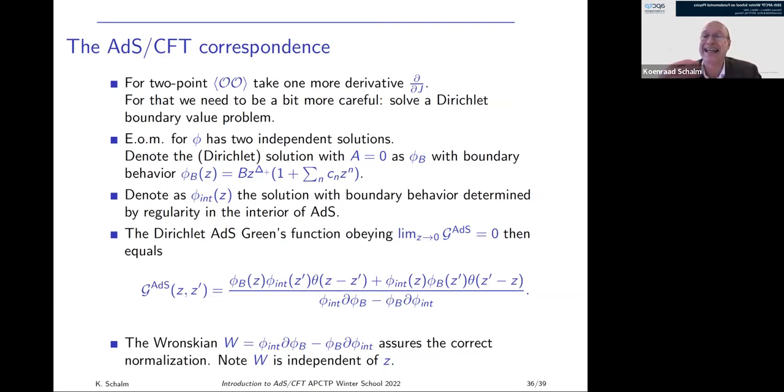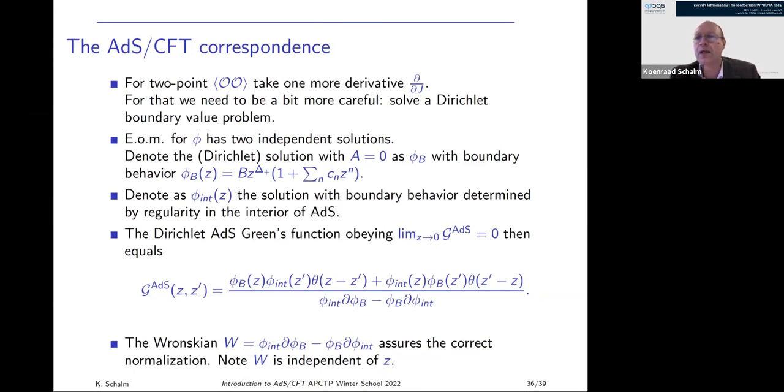But the solution where A is 0, in other words, only has support B, beautifully goes to 0 at the boundary because its exponent is positive. So the only fluctuating degree, the correct fluctuating degree, is phi B, where B is non-zero, right? Which behaves in general as B to the power Z plus, and then higher order powers in Z.